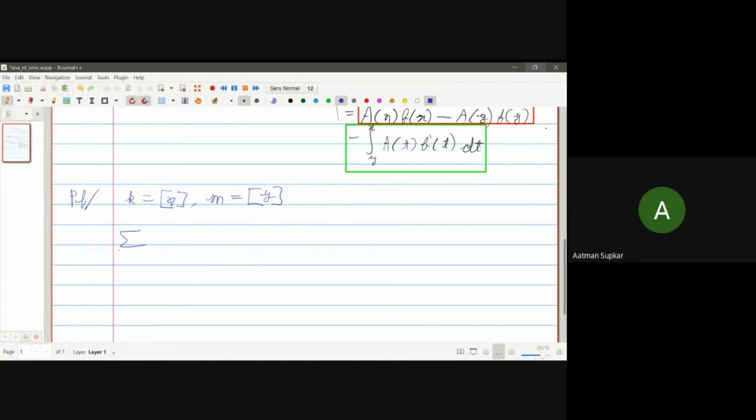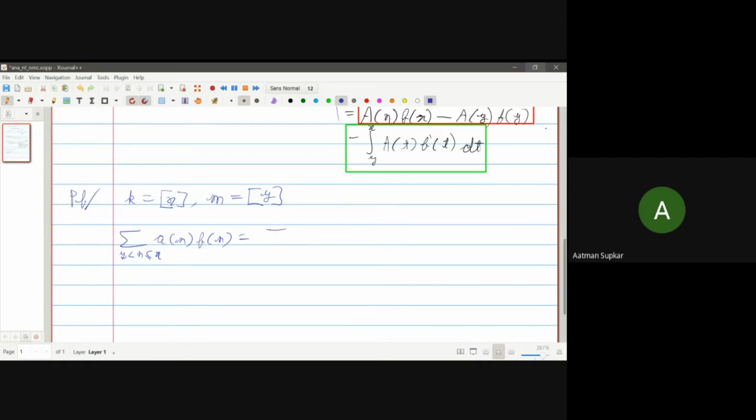So summation y less than or equal to x, a n f n is equal to, first how do we write this?